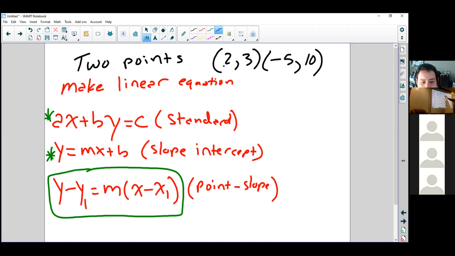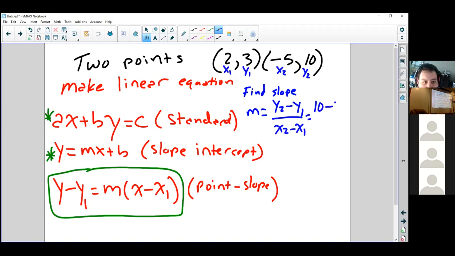So first thing you're going to do when you have 2 points given, you're going to label x1, y1, x2, y2, and we're going to find the slope. So the slope equation is the change in the y's over the change in the x's. So plug in your labeled amounts. So you get 10, subtract 3, negative 5, subtract 2. So I'm going to get 7 over negative 7. That's nice. We wind up with a slope of negative 1.